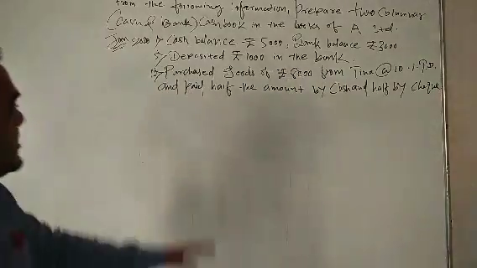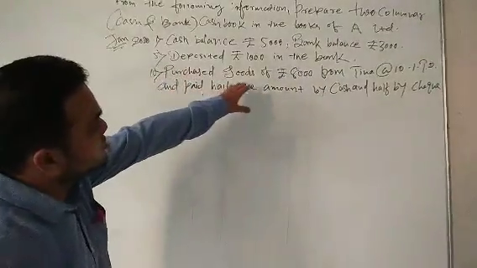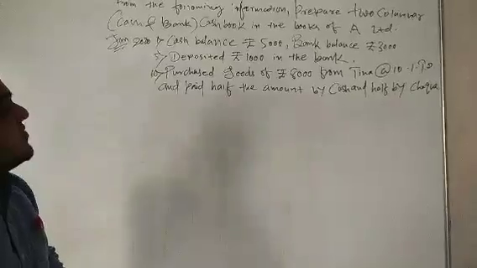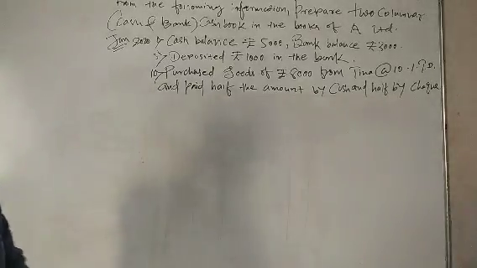Students, the third one, purchase goods of 8,000 from Tina at 10% trade discount and paid half the amount by cash and half by check.